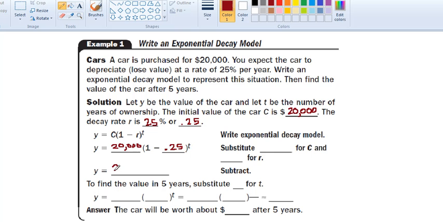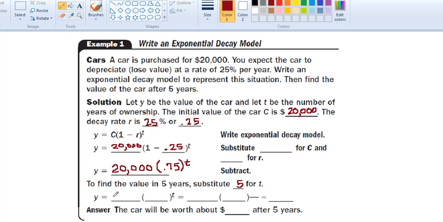Here's our model. 20,000, and then you've got to do 1 minus 0.25. Now a whole minus 0.25 is 0.75. And we're going to raise this to the t, which is the time. For 5 years, we're going to substitute 5 for t.